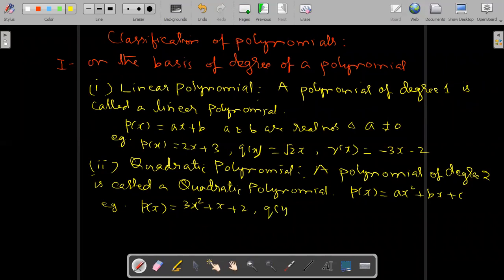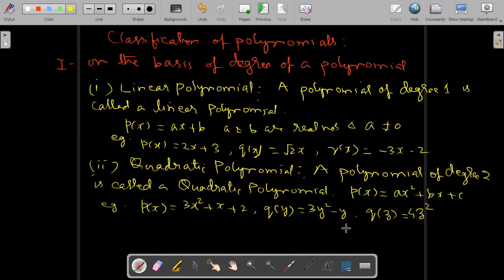Qy can have two terms also, 3y square minus y, and it can have only one term also. It can have another variable z also, but we are using only one variable at a time. Any variable it can be, x, y, or z, like 4z square.